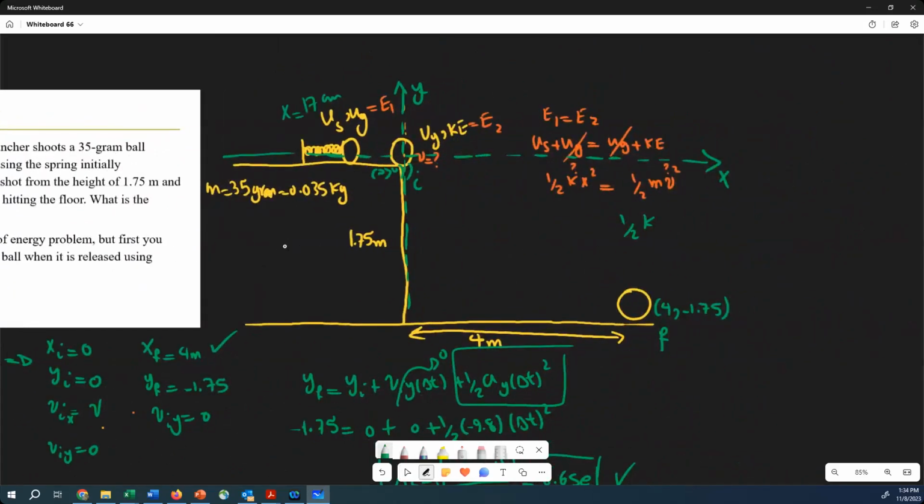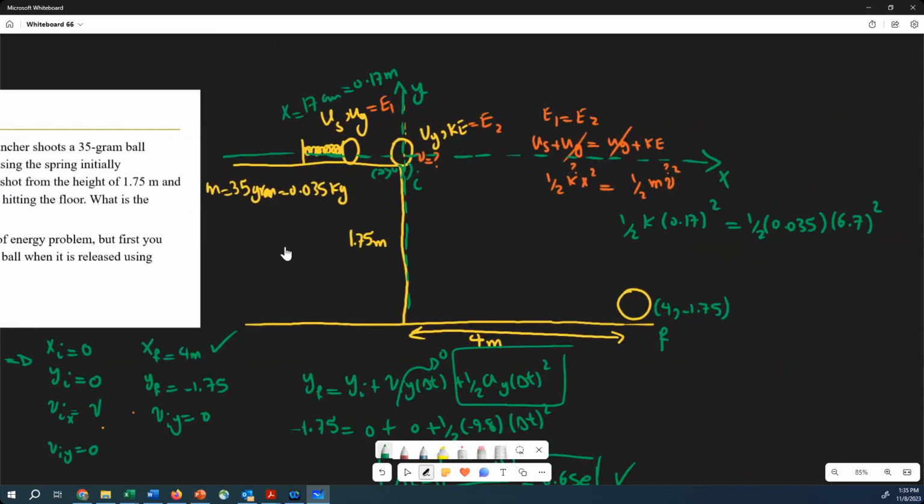It's going to be 0.17 meter. So 0.17 meter squared equals 1 over 2. What is the mass of the ball? 0.035, yes? Velocity is 6.7 to the power of 2.